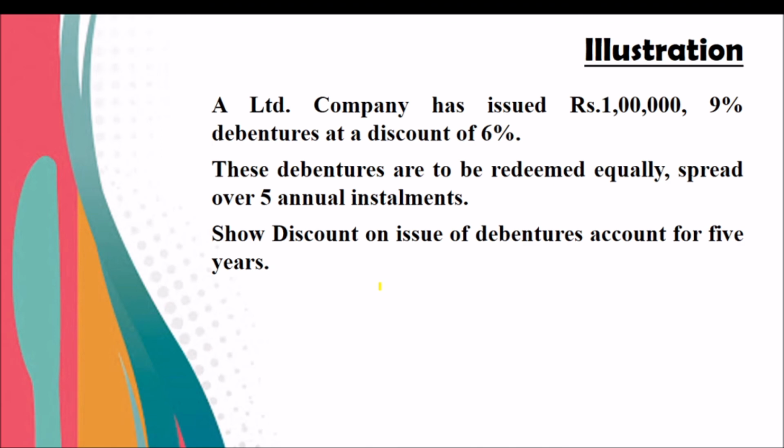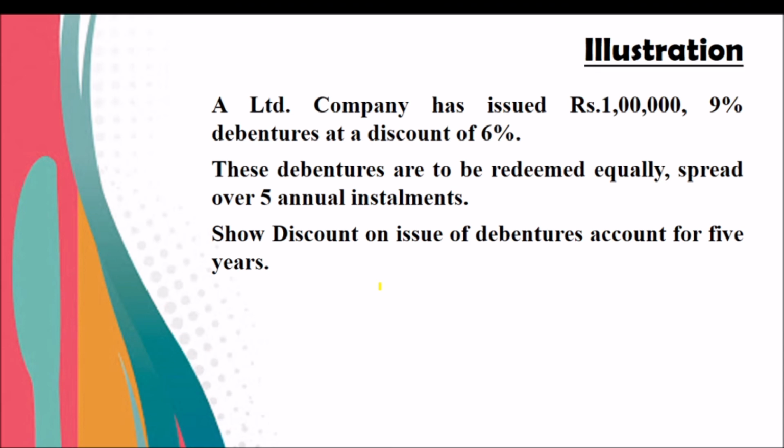So here in this problem we have to write off the loss within 5 years, in 5 equal annual installments. Issued at discount 6% is the amount of discount. So 1 lakh is the value of the debenture and debenture discount is 6%.